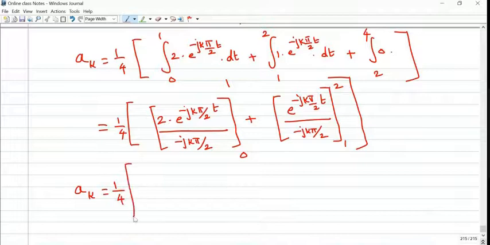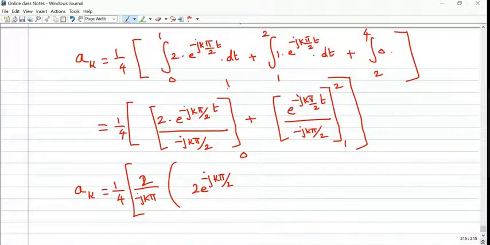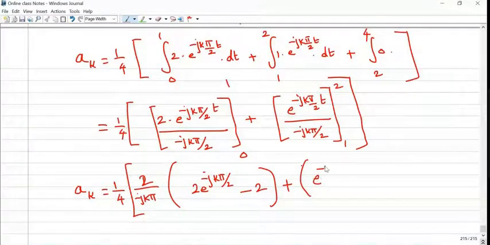1 by 4. Minus jk pi by 2 is commonly available. Shall we take it outside? 1 divided by minus jk pi by 2, this 2 will go on top. So 2 e power minus jk pi by 2 t from 0 to 1, minus e power 0, plus e power minus jk pi by 2 t from 1 to 2.